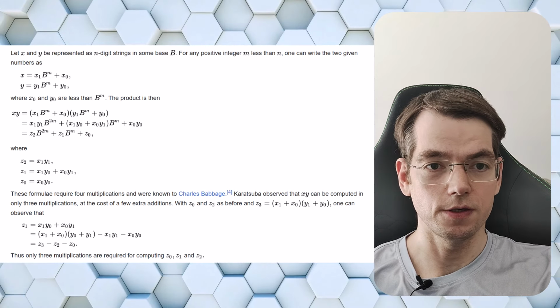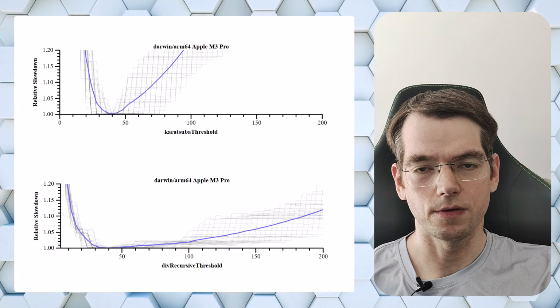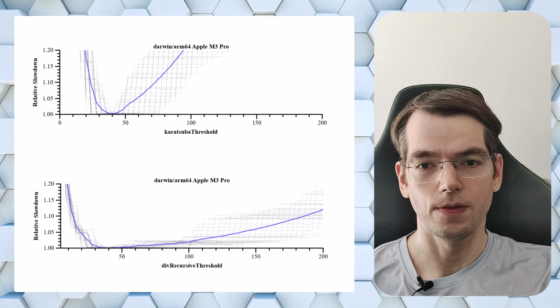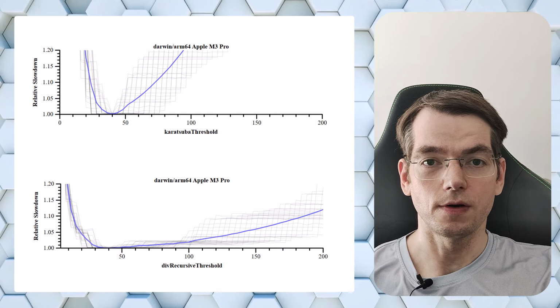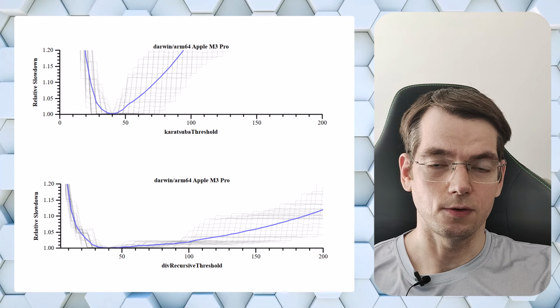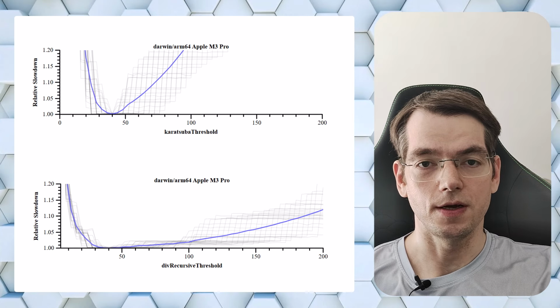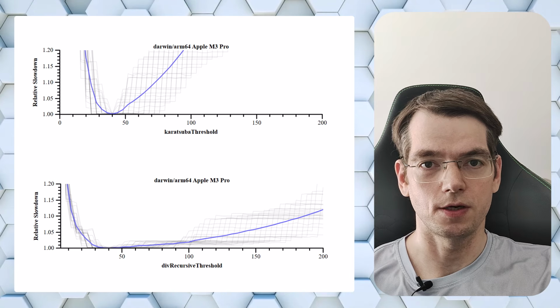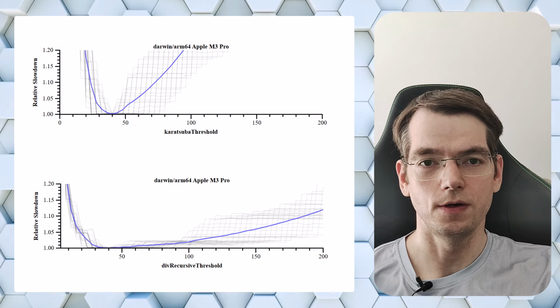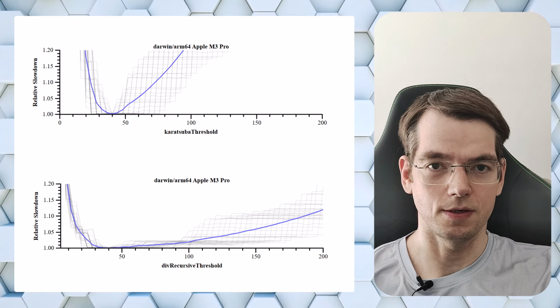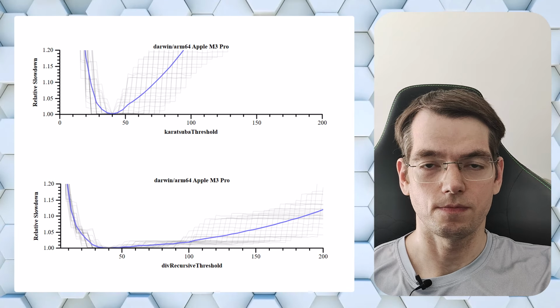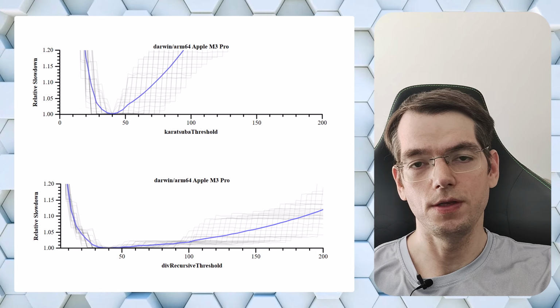But the divide and conquer division algorithm and divide and conquer multiplication algorithm have some overhead for small numbers. So usually these algorithms are applied after some thresholds, so they are applied only for numbers with a big amount of digits, and there could be different thresholds.